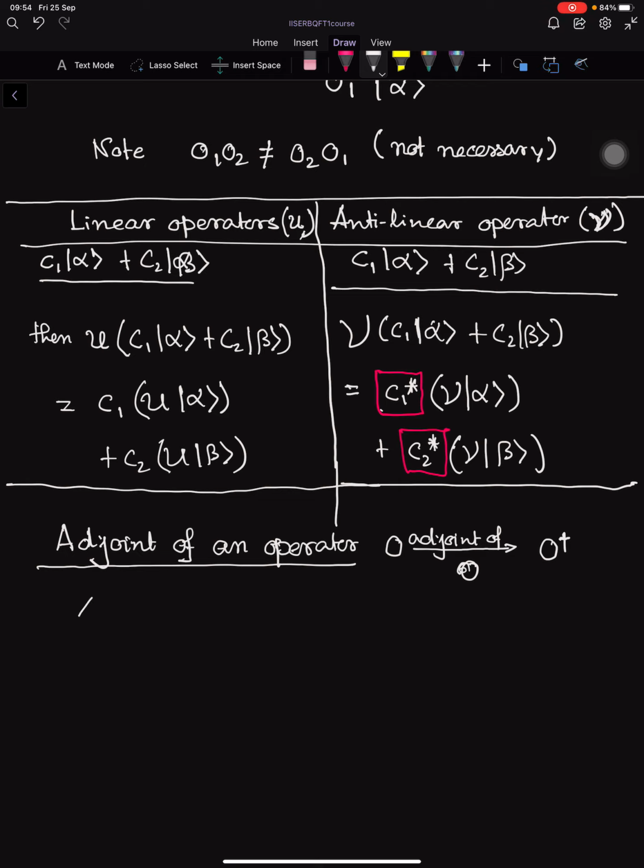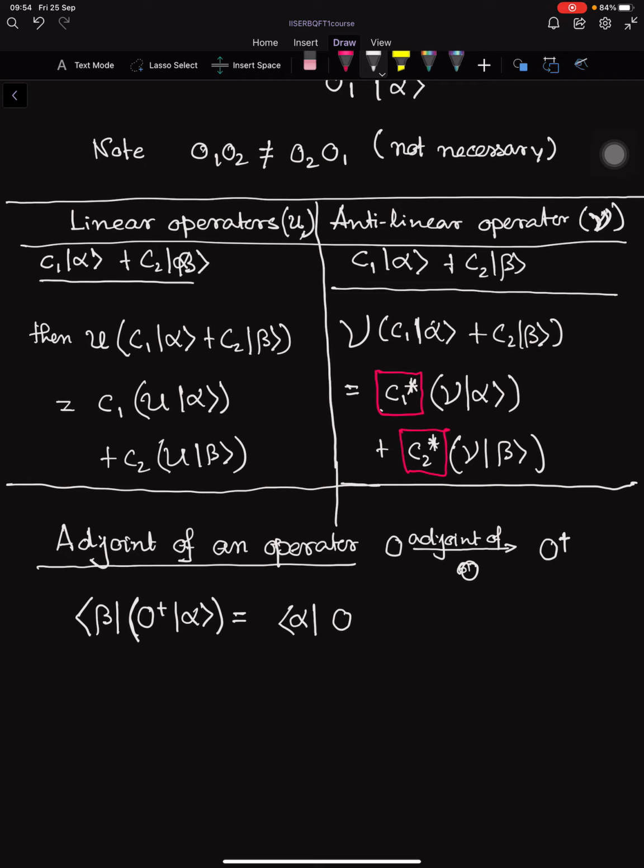The way we define the adjoint of O is that beta acting on O dagger alpha is the same as the definition, so that O dagger only acts on alpha.